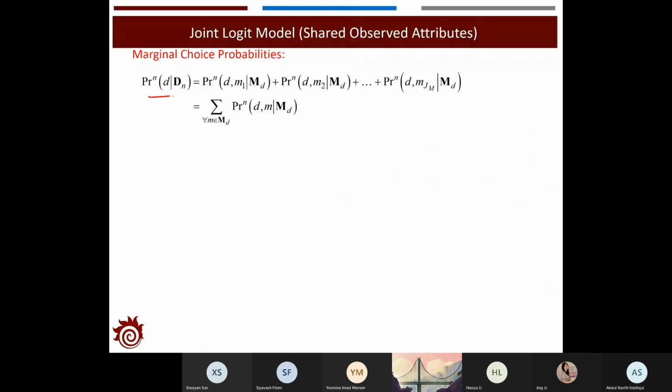So for the probability of choosing the destination d, that will be the summation over all the modes with respect to the destination d. So it's a summation of the probability of dm given M_d. Here M_d is the set of the modes available for the individual n to access the destination d.